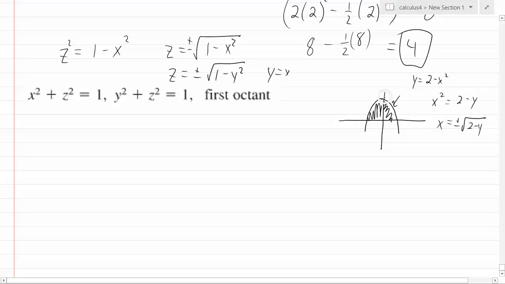So one of these sides is the positive square root of 2 minus y, and one is the negative square root of 2 minus y. If I figured out the area of one side, then I could say that times 2 and get the area of both sides. Well, that's kind of what we can do here, except we're dealing with volume. Since we have the plus or minuses, we can set it up and say it times 2 just using the positive.